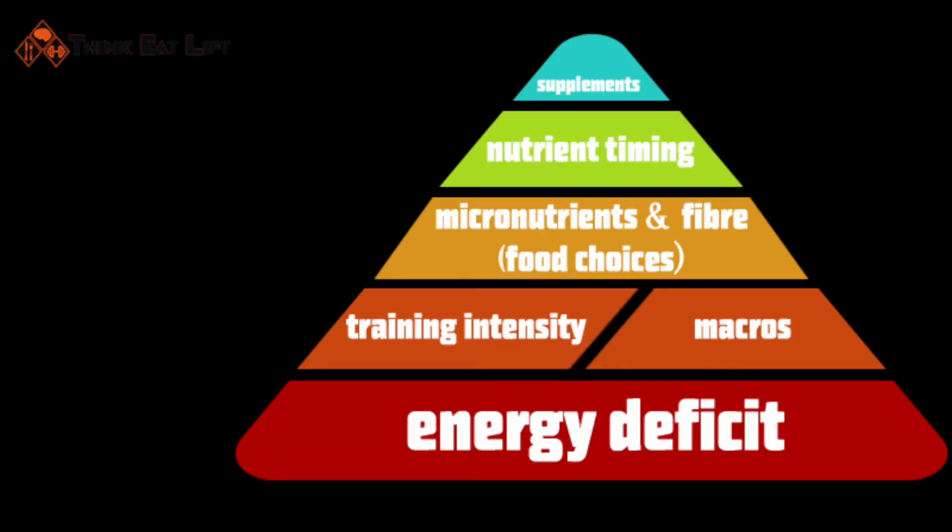Second is hitting your training and hitting your macros. Basically, the rest of the pyramid is micronutrients and fiber, nutrient timing, and supplements. It doesn't really make much difference in your results of fat loss.